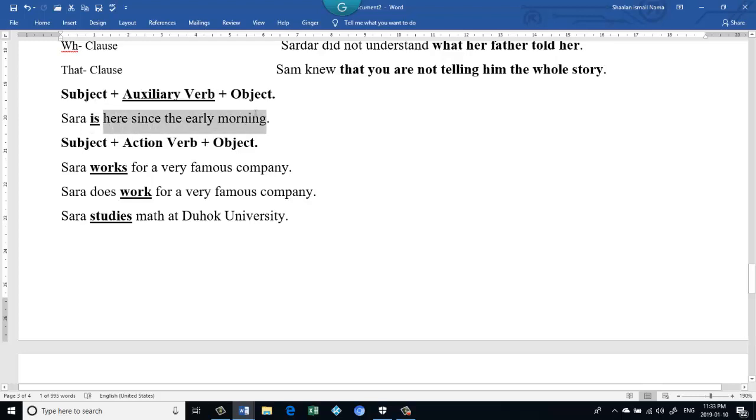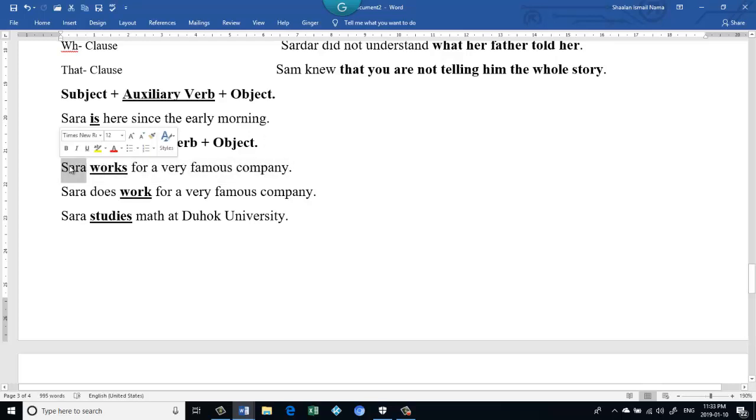Here, since the early morning is acting as the object for the sentence. Sometimes, instead of an auxiliary verb, we have an action verb as it is here. We have subject, action verb, object. We have Sarah works for a very famous company.